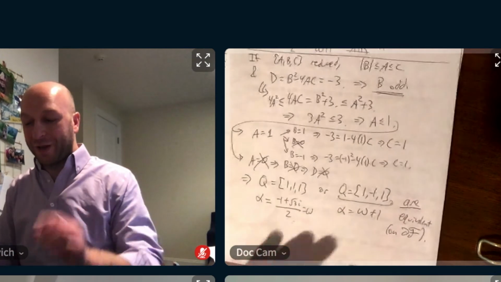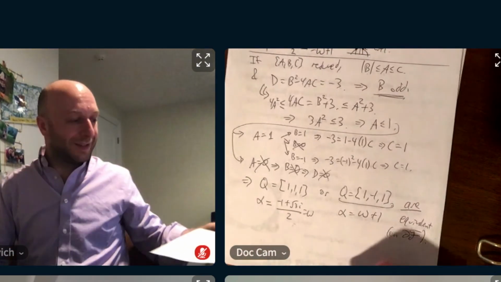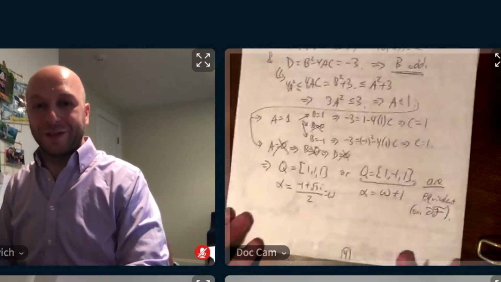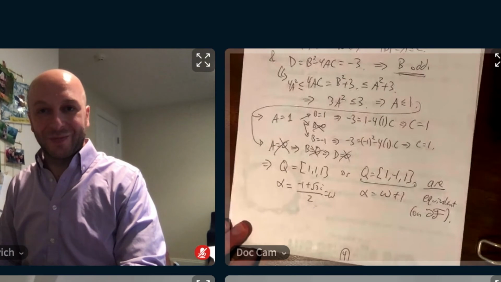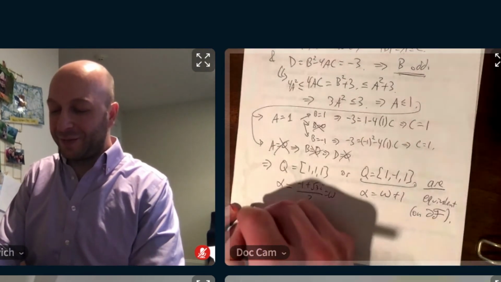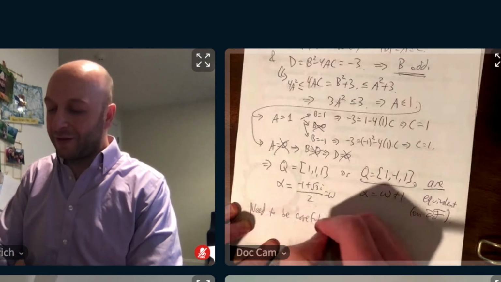So you have to be a little careful when you're on the boundary to decide whether things are equivalent when you get more than one quadratic form. Okay? So need to be careful with the boundary.